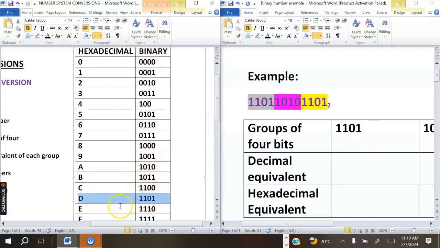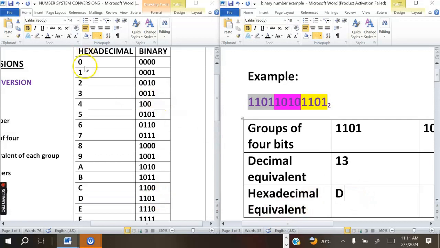This one. 11 is equivalent to 13. This is 13, the decimal equivalent, but for the hexadecimal, this one is equivalent to D.